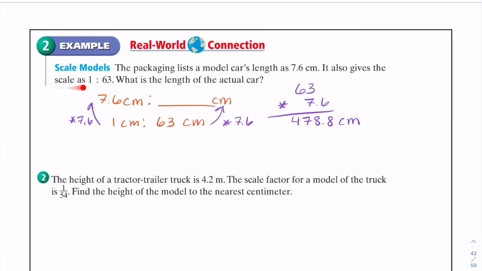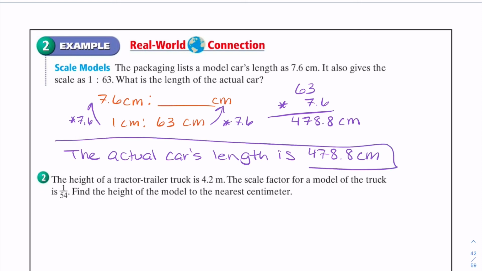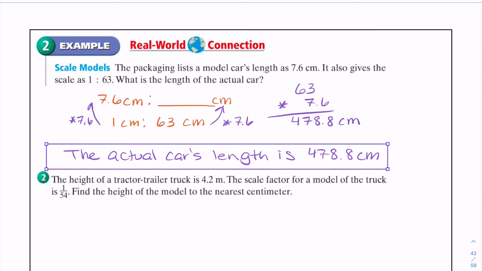It also gives a scale of 1 to 63. So multiplying this by 63 will get me to the length of the actual car. So the actual car's length is 478.8 centimeters, which is almost half a meter.